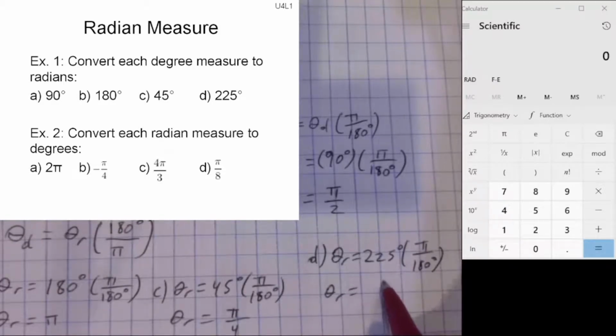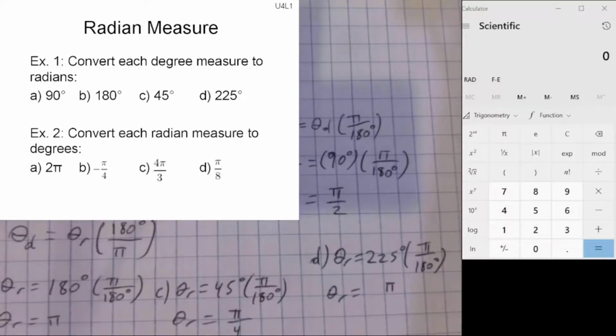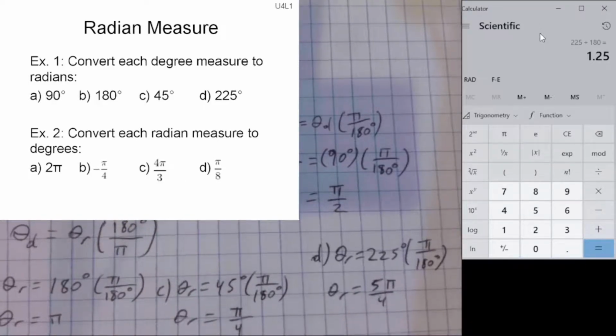We are going to have this in terms of pi, but 225 divided by 180, if we put that in our calculator, is 1.25, or it's 5 over 4. So that would be our angle measure in radians.